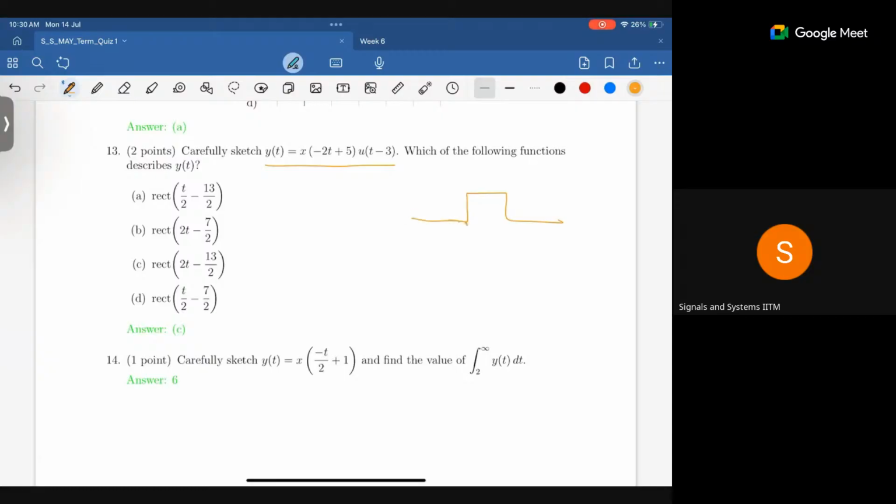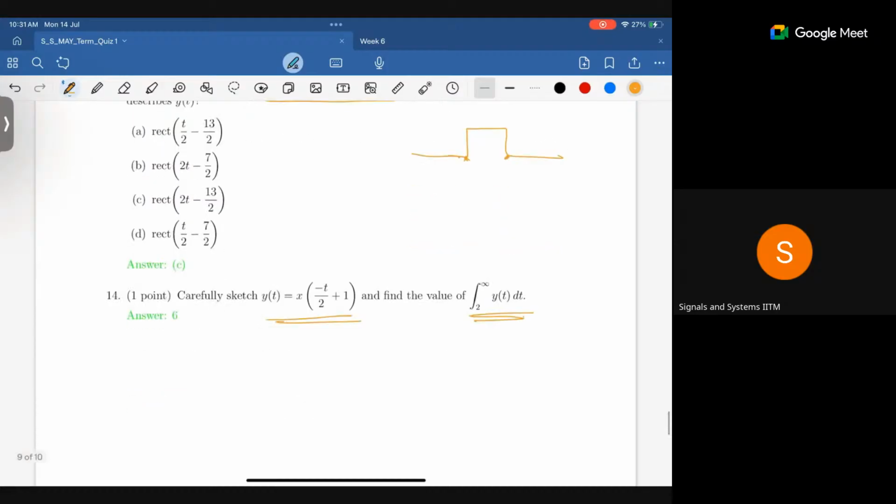All you have to do is identify the left point and right point, and then see what will be the representation of that y of t. Okay, so that is also okay. And once you sketch this, what you have to do is find this integral. Right, so these are fairly straightforward.